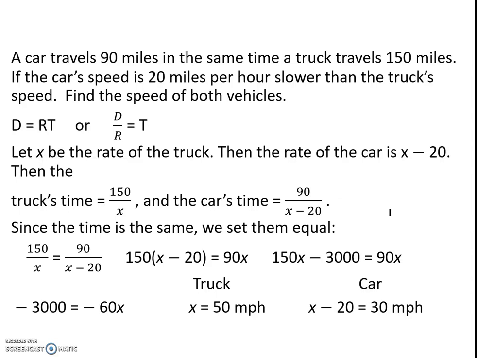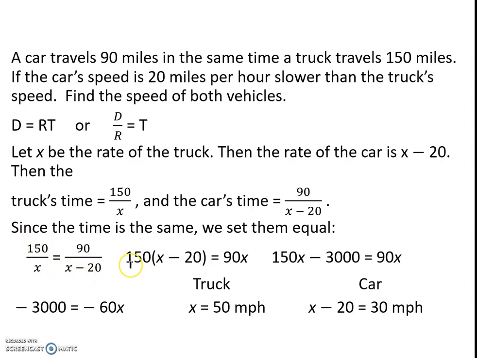So let x be the rate of the truck, then the rate of the car is x minus 20, because it tells us up here that the car's speed is 20 miles per hour slower than the truck. Then the truck's time is 150 over x, and the car's time is 90 divided by x minus 20. Since the time is the same, we can set them equal. 150 divided by x equals 90 over x minus 20.